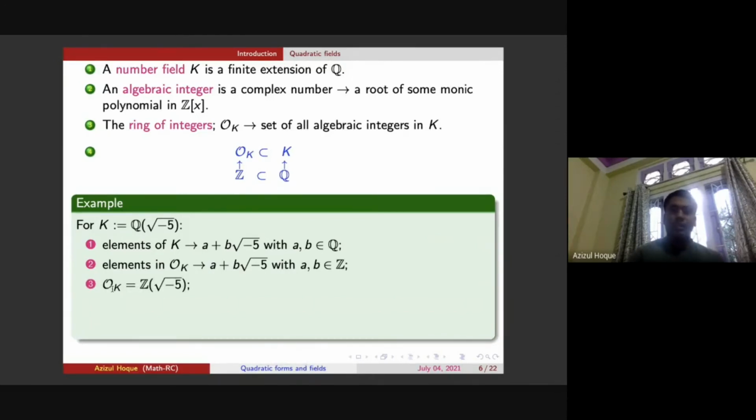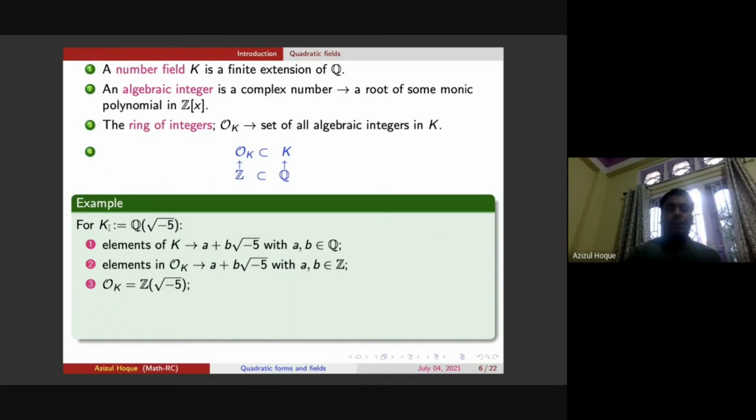So what is the ring of integers? It depends on this integer. So minus 5 is congruent to 1 modulo 4. So it remains the same.